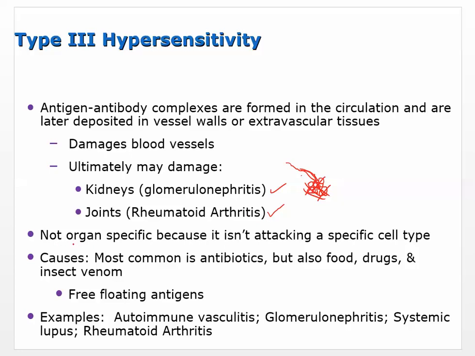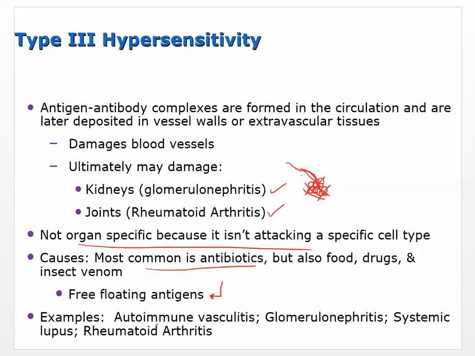So it's not organ specific because it isn't attacking a specific cell type. Most common causes are antibiotics, but also food, drugs, insect venoms, whatever is going to cause some kind of free-floating antigen to appear is going to result in this type of hypersensitivity.